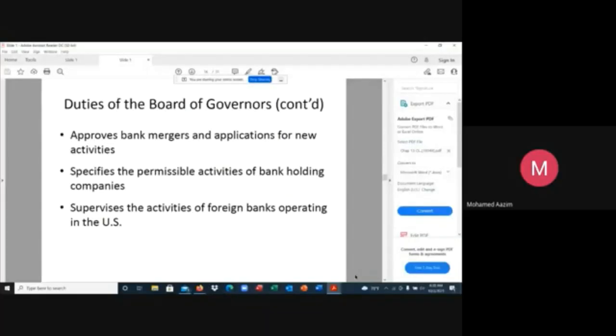And now beyond the financial supervision, they also look at money laundering, counterfeit financing, terrorism related financing, all kinds of activities that also come into focus.